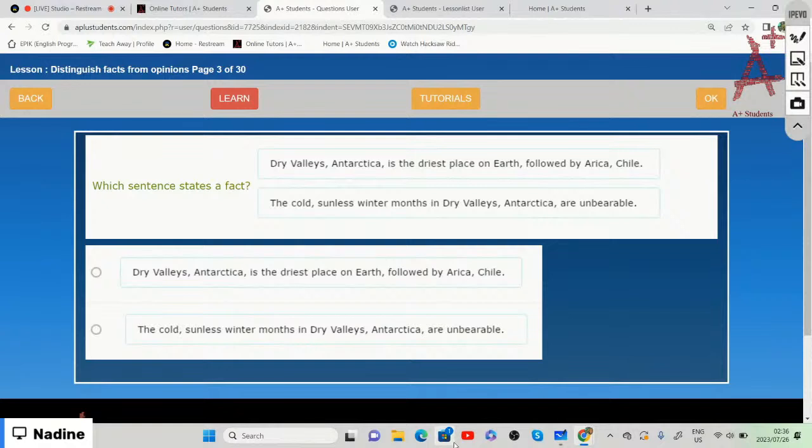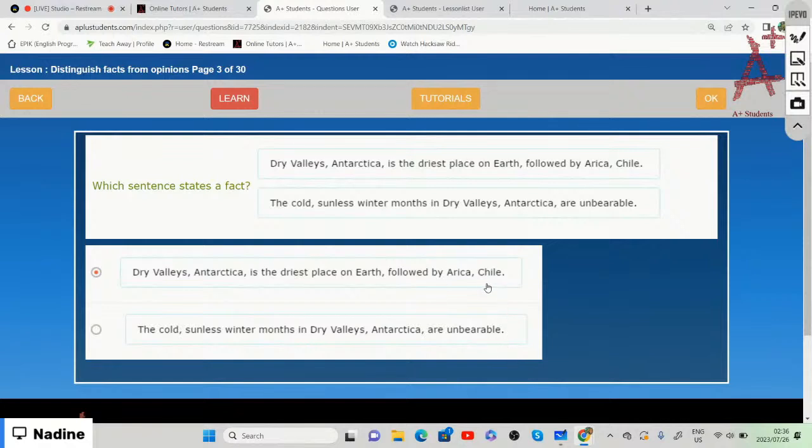All right, so we need to select a fact. If we maybe select a fact, let us basically choose any one. All right, let's choose this one. It says Dry Valley, Antarctica is the driest place on Earth.